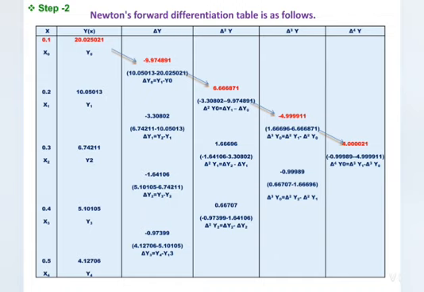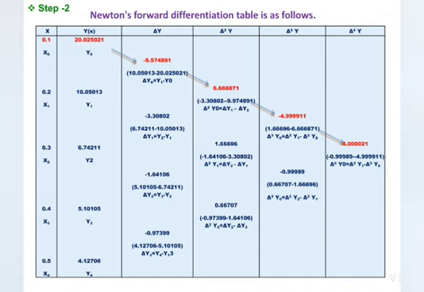The first column represents the first differences, calculated by the formula del y naught equals y1 minus y naught. The value of y1 is 10 point something and y naught is 20 point something, the topmost value. Subtracting y1 minus y naught, we get the first difference del y naught.